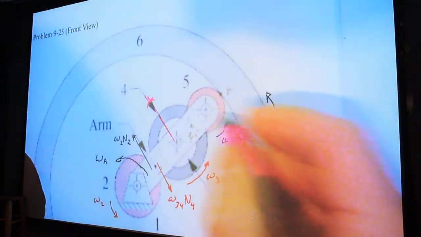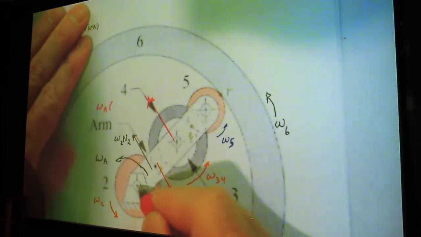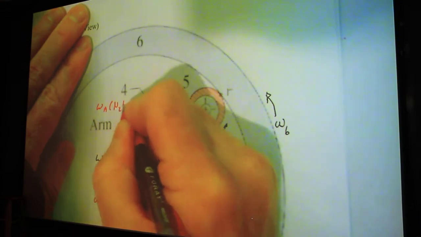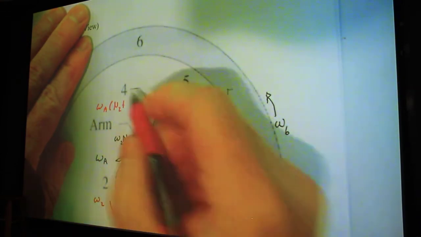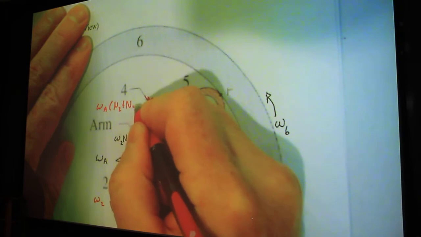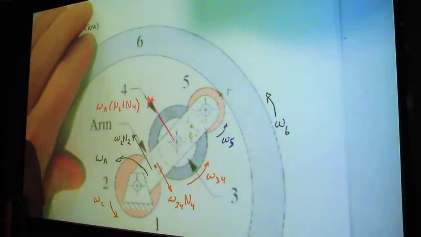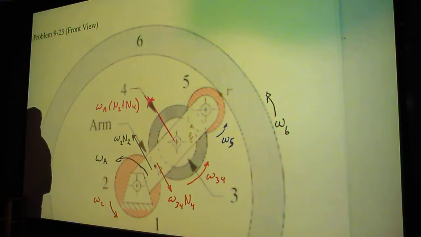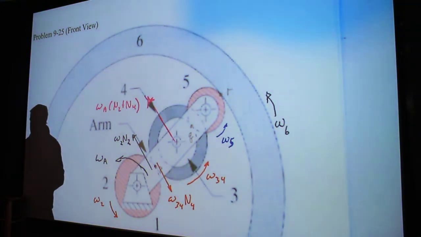So that right there is omega arm, the radius of 2, which I'm going to use N2, plus the radius of 4, which I'm going to use N4. That would be the linear velocity vector for the center of 3 and 4. Good on that?